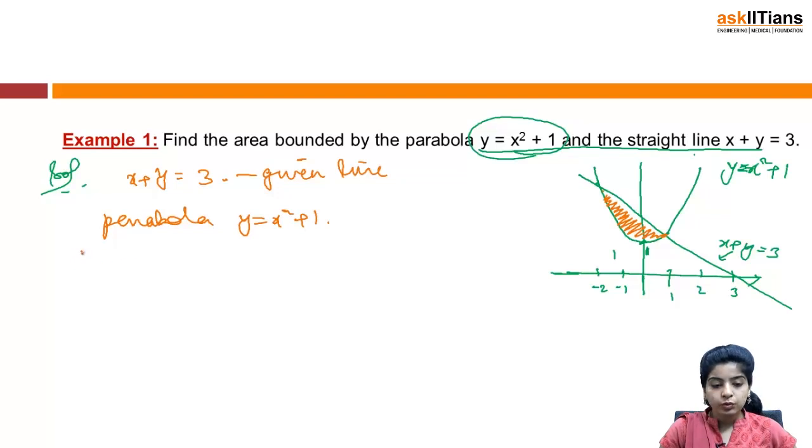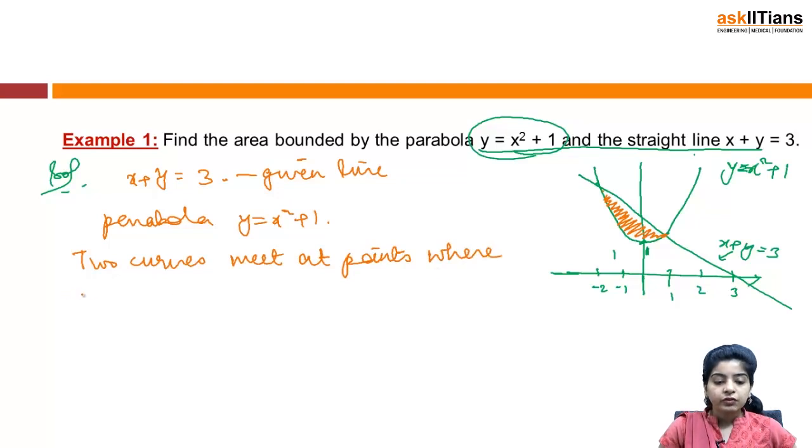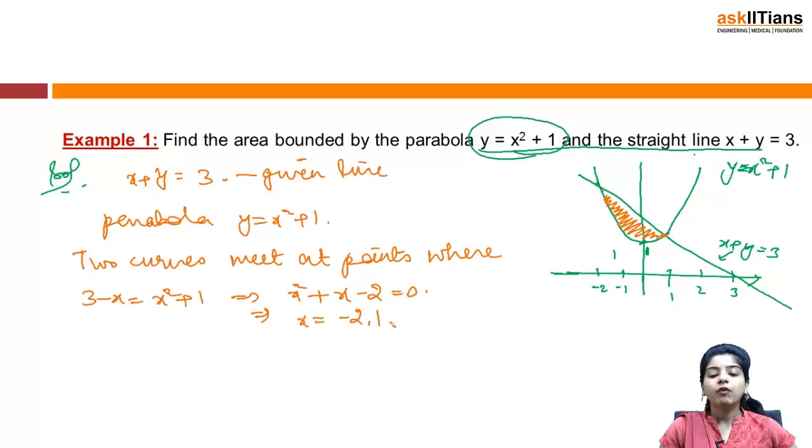So the two curves meet at points where 3 minus x is equal to x square plus 1, which means x square plus x minus 2 is 0, which means x is minus 2 and 1. In fact, you will first find these points of intersection so that you will know the limits, or you can draw the graph also, but your measurements should be very accurate.